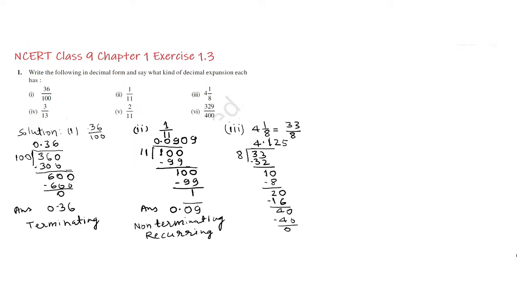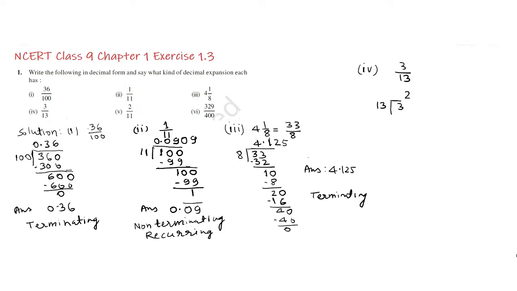So our answer is 4.125 and the type of this division is terminating. We go for the fourth question, 3 divided by 13. So we start like this. As 3 is smaller than 13, it cannot be divided.